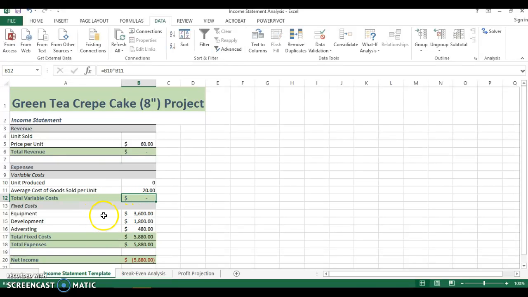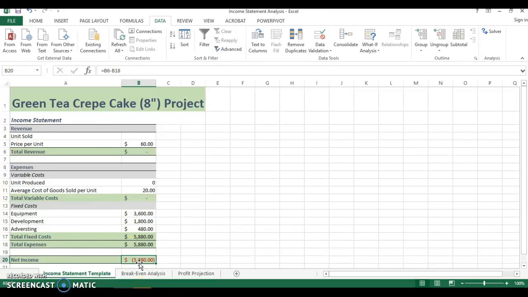For fixed costs, I have equipment costs, development costs, and advertising costs. They are fixed and cannot be changed. So the total expense is equal to the sum of total variable costs plus total fixed costs.